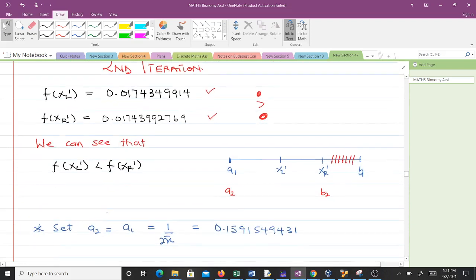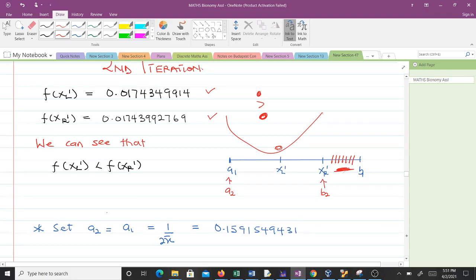Since f of xl at the first iteration is less than f of xr at the first iteration, that means the minimum will be somewhere here. So you're going to have something like this, which means you have to discard this region. So our a2 will be a1 and our b2 will be xr at the first iteration.